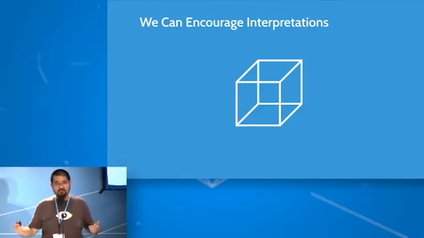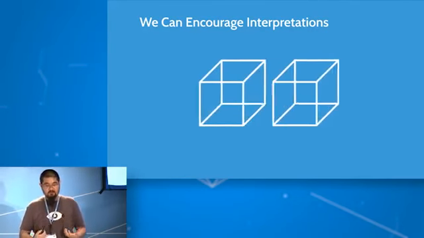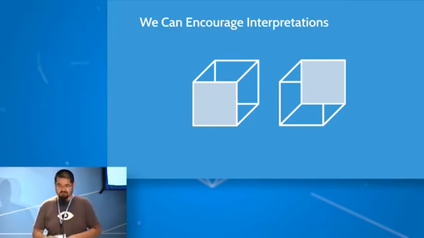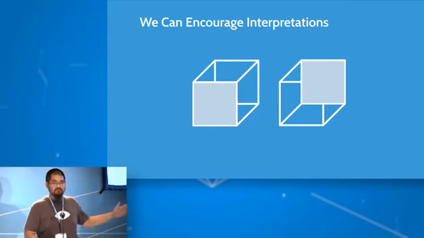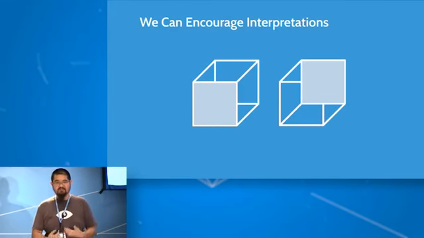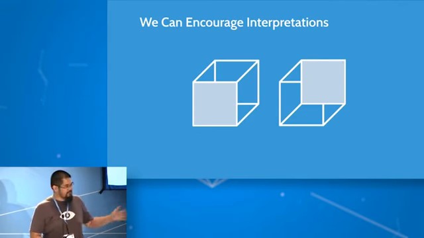All right, so I bring this up because something that we can do with these kinds of ambiguous bits of information, like all visual information in the world, is we can encourage certain interpretations over others. So with the Necker cube, it's really simple. You put a face on one side of the cube, suddenly it disambiguates it, and it's really easy to see it either as the left cube or the right cube.